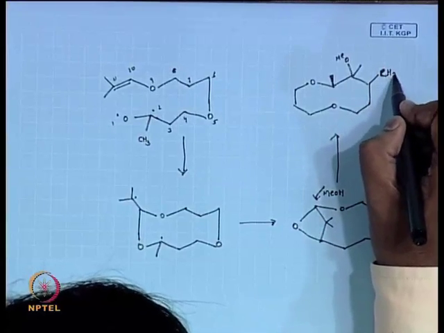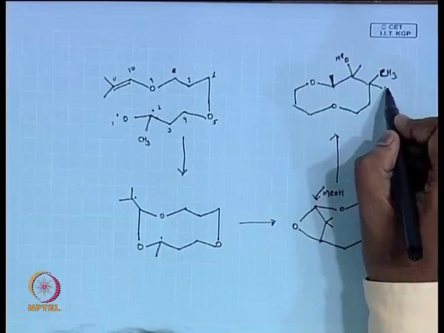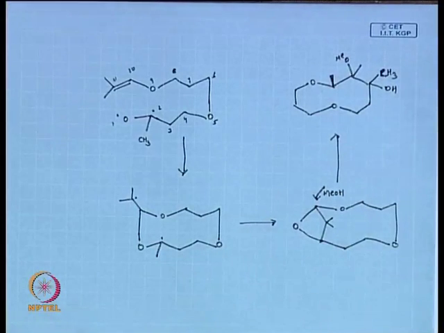Can I have my methyl here? Can I get this product? So, finally, if you see the product, it looks nice. The way it has gone, if I do it in methanol, that is the product you get.